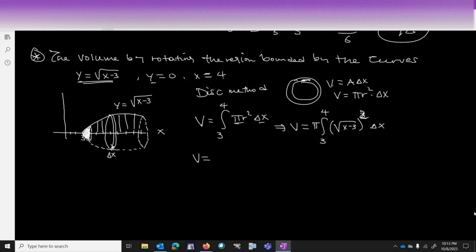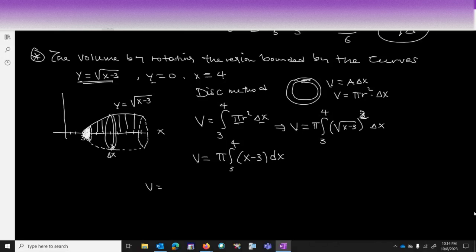The volume is equal to now what? The square will make that square root sign go away. So that means pi times the integral from 3 to 4 of x minus 3 dx. Now it's becoming very easy and clear.